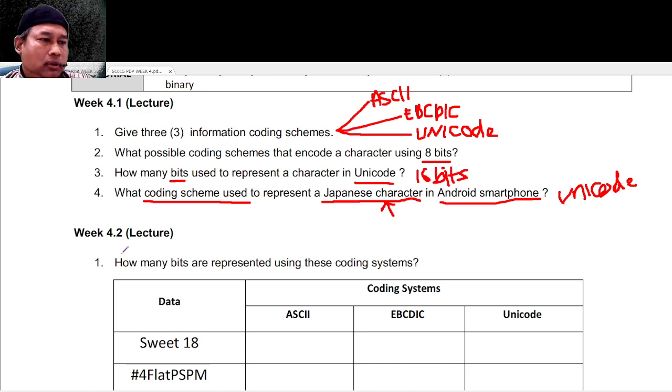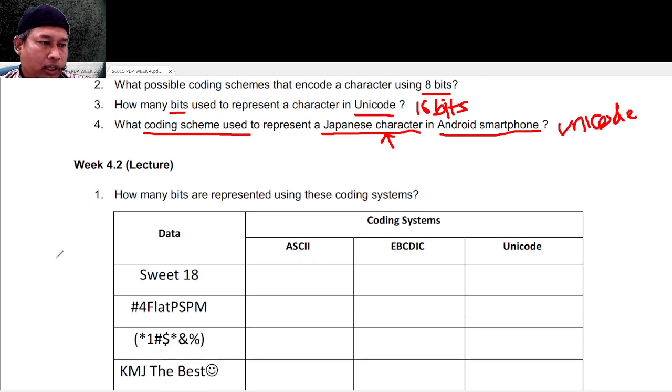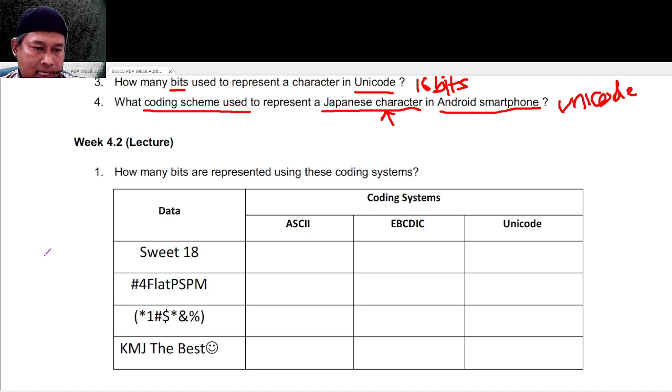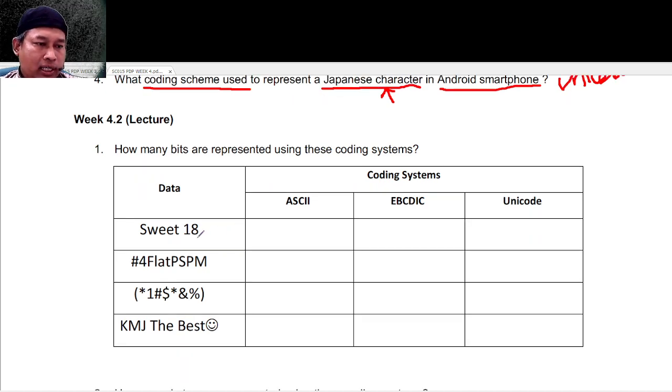Okay, now continue to question week 4.2. How many bits are represented using this coding system? Sweet 18. Okay, now you must count the characters in the word sweet and 18.